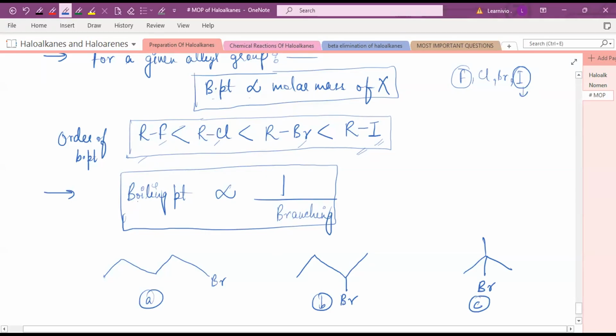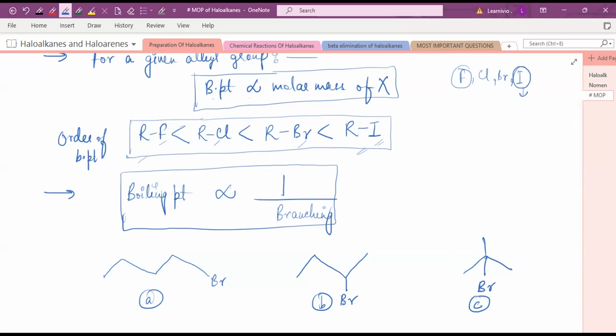We know that the boiling point is inversely proportional to branching. The more the branching, the lower the boiling point. You can see over here there is no branching, so this is a straight chain, and its boiling point will be maximum. Then there is one branching here, but here there are many branchings, so this one will have the minimum boiling point.